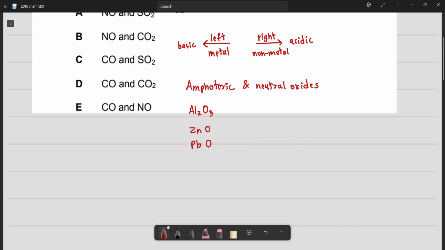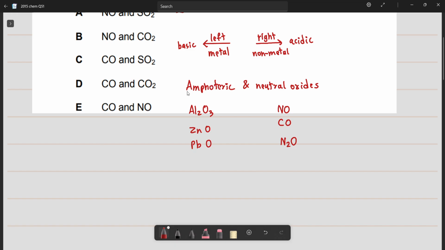When they form an oxide, they're basically amphoteric oxides. And the second one, the neutral oxides: the main oxides you must remember are nitrogen monoxide, carbon monoxide, and nitrous oxide. So these are the main oxides you must remember for amphoteric and neutral oxides.